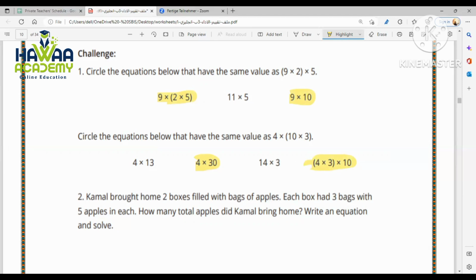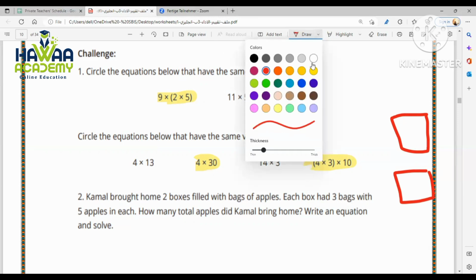Now, Kamal brought home 2 boxes filled with bags of apples. Each box had 3 bags with 5 apples each. So let's draw that. It's super easy. So we have 2 boxes. Each box has 3 bags.